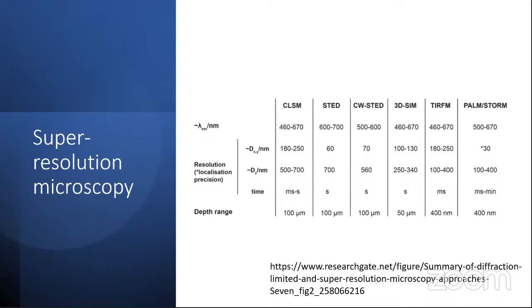So recently, over the last couple of decades, there have been new advancements which have made it possible to image at a much higher resolution. So these technologies like STED, SIM, PALM, and STORM make it possible for you to image at much higher resolution by making use of techniques to sidestep this whole diffraction limit.